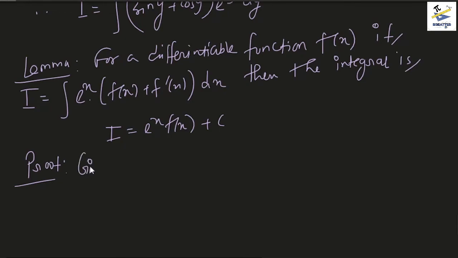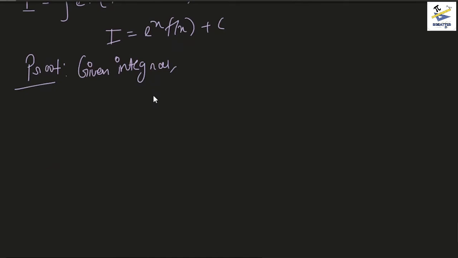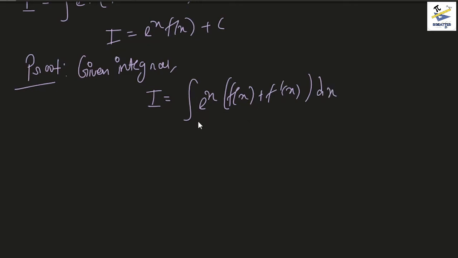We start with the given integral, and we shall see why this lemma is important in solving this particular problem. So the given integral is I equals the integral of e to the power x whole into f of x plus f dash x dx.